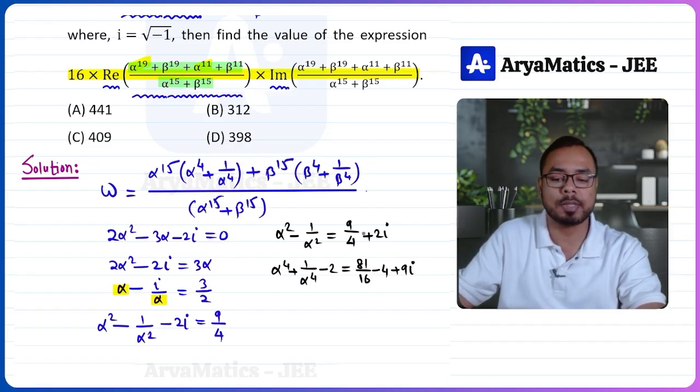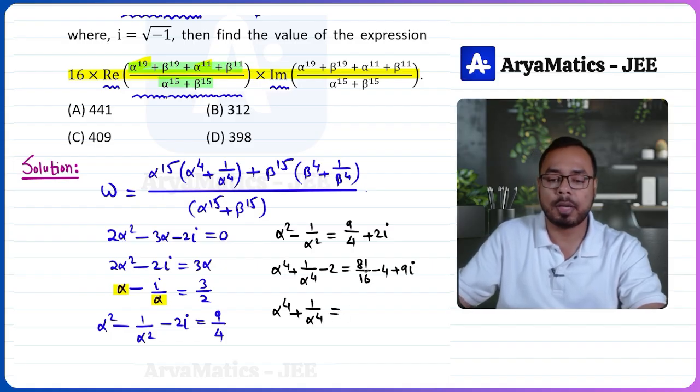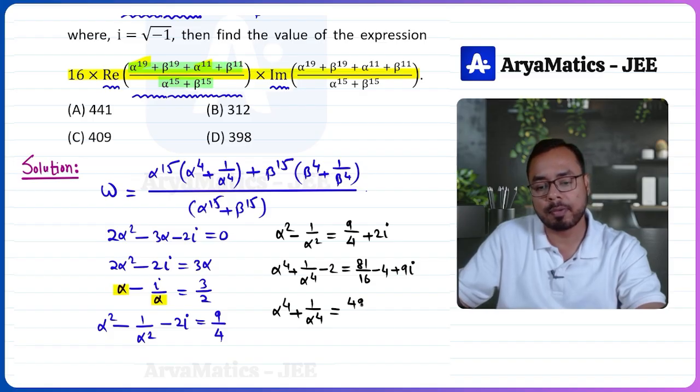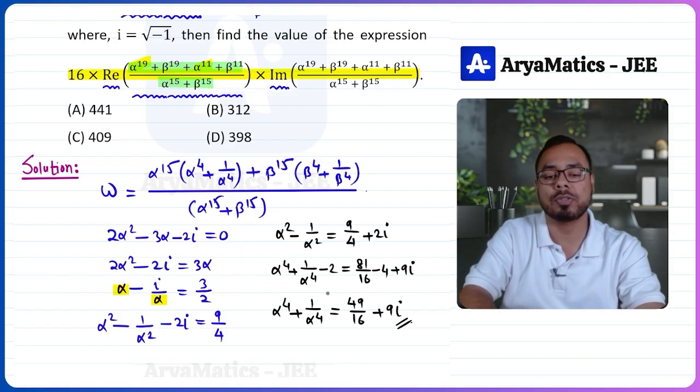This is the twice ab term, 2 into 2 iota into 9 by 4. So finally the value of alpha raised to 4 plus 1 by alpha raised to 4 will be 81 by 16 minus 2. So 81 minus 32 gives 49 by 16 plus 9 iota.